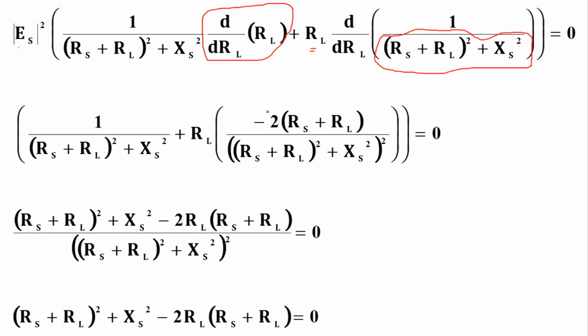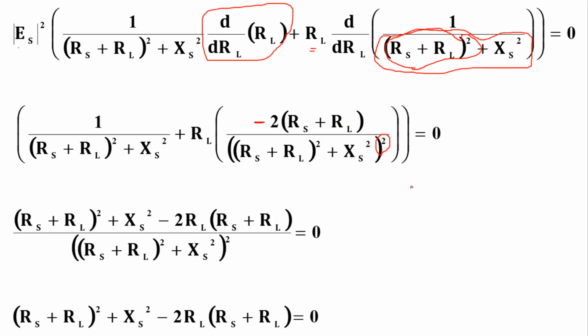The minus sign comes over here, and the power is reduced: minus 1 power becomes minus 2, and it will appear in the denominator, so it becomes plus 2. We also have to differentiate the second term, and that differentiation is equal to 2 into RS plus RL. So it becomes minus 2 into RS plus RL.